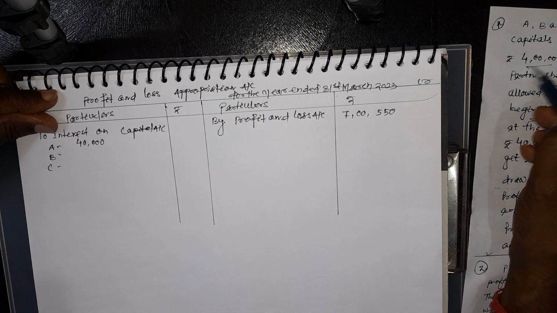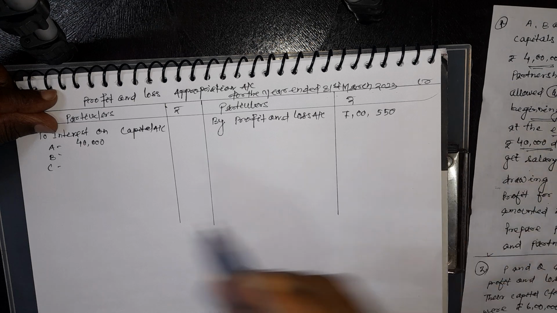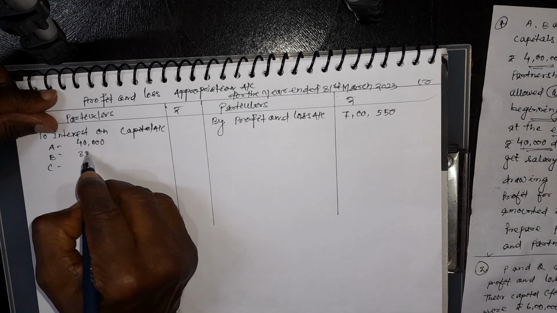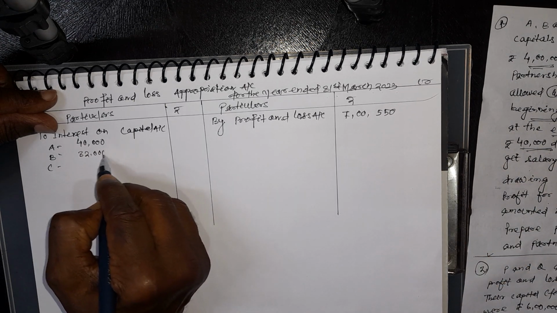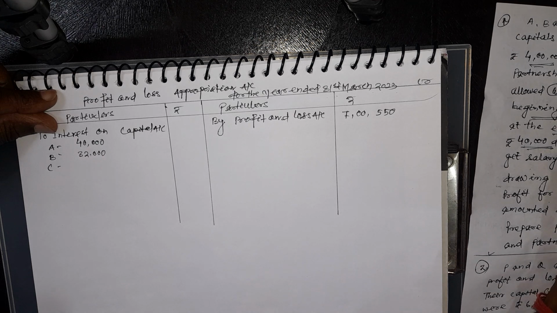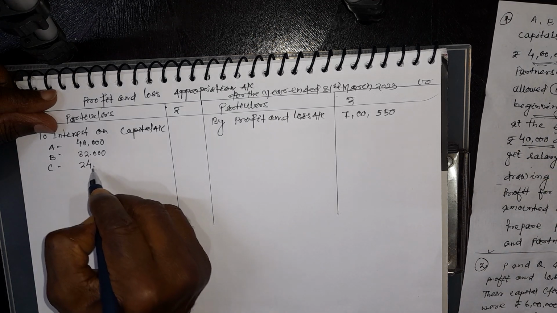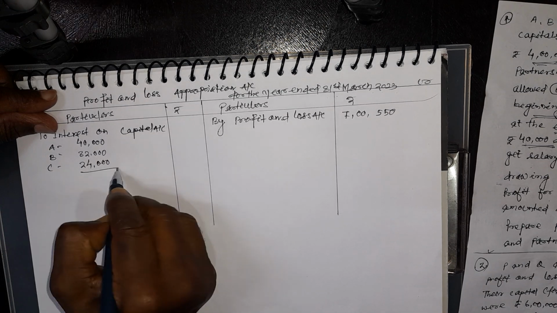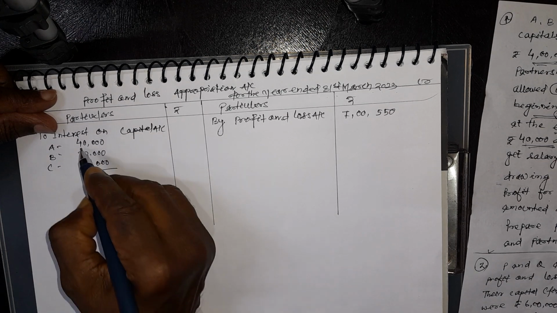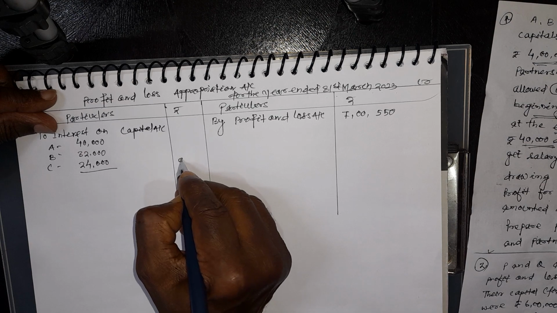B is 4 lakh at 8%, 32,000. C, 3 lakh at 8%, it will be 24,000. So you will add it, it will be 96,000. You will write it here.